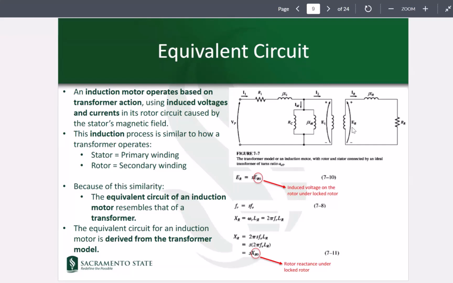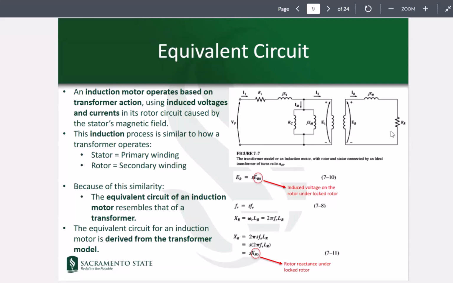The equivalent circuit of an induction motor is derived from the transformer model. So we started from the transformer model, in which we have two sides, primary and secondary. The primary would be your stator, the secondary would be your rotor. On the rotor side, you have a resistance and a reactance. That reactance is associated with the rotor, and that resistance is the rotor's resistance.